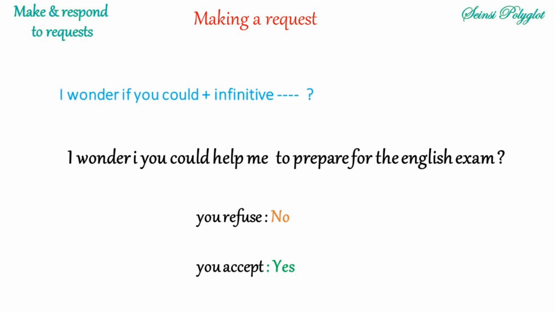We could use also I wonder if you could plus infinitive, like in this example. I wonder if you could help me to prepare for the English exam. If you refuse, you will say no, and if you accept, you will say yes.